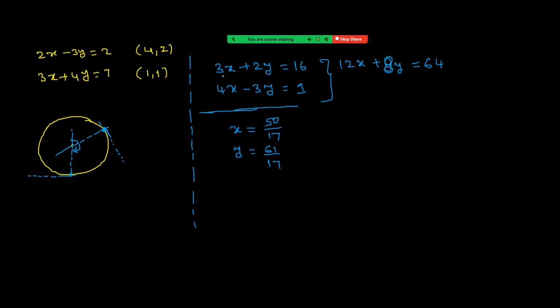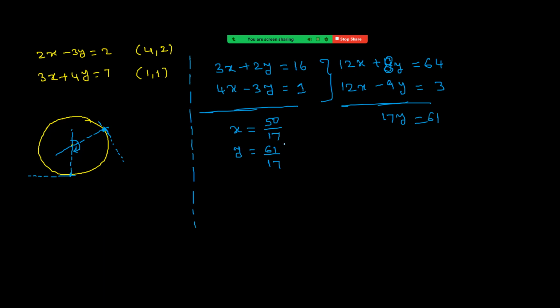Next, multiply this with 3: 12x minus 9y equal to 3. Now subtract the second from the first. 12x minus 12x is 0, 8 minus 9, 17y, that is equal to 64 minus 3, 61. So y is 61 by 17. Then we can find the x coordinate.